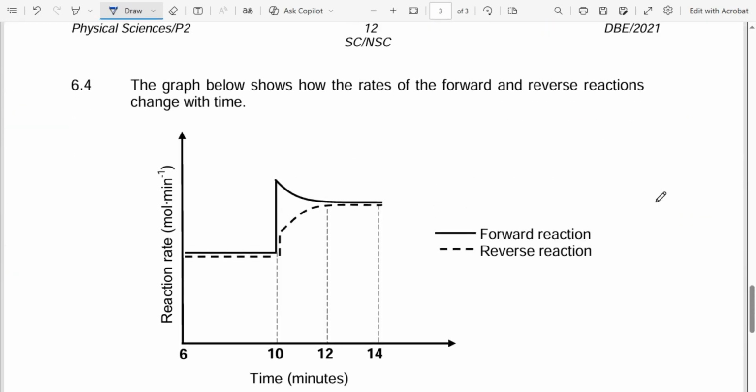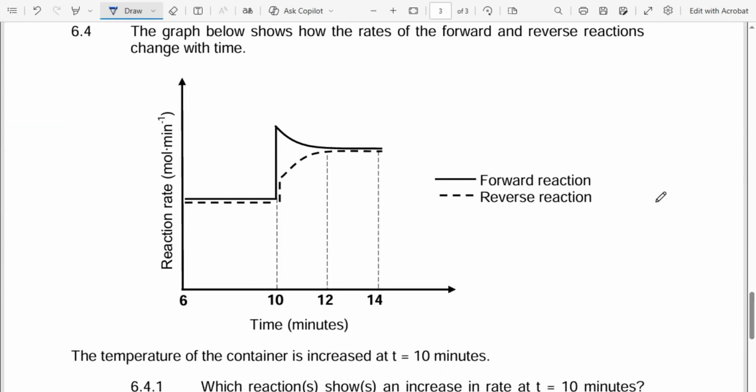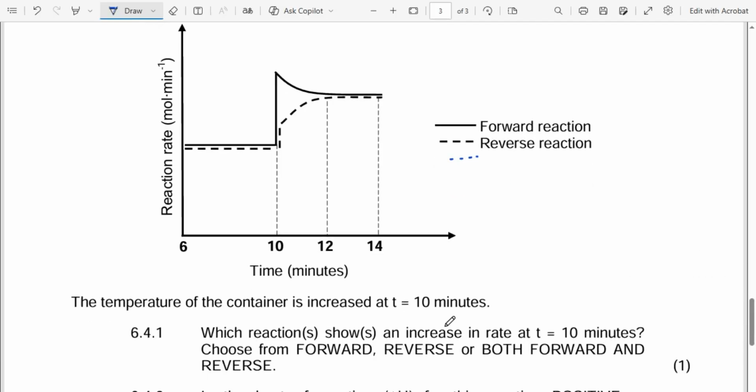Okay, so now on 6.4 they say the graph below shows how the rate of the forward and the reverse reaction changes with time. Now we can see that the straight line is the forward, and the solid line is the reverse reaction. They say that the temperature of the container is increased at T10.